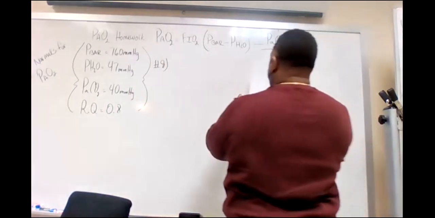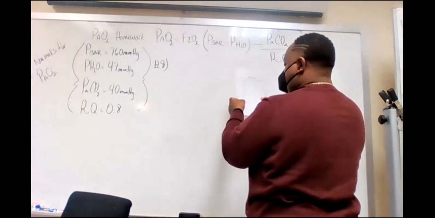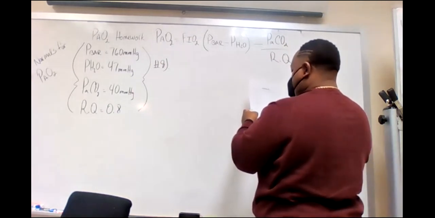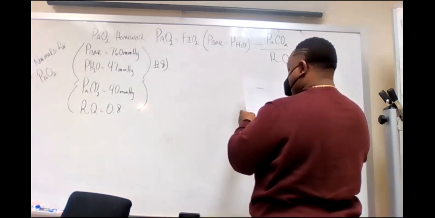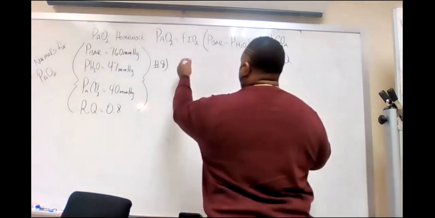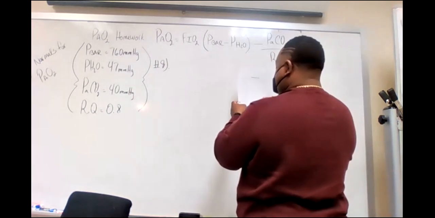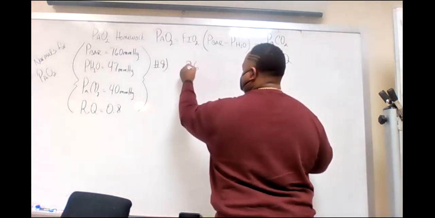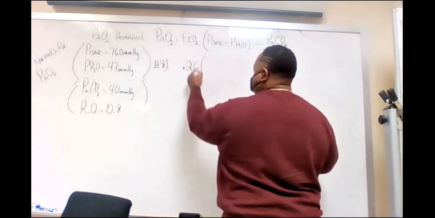All right. So in this one, they give me the P bar, the CO2, the FiO2, and the respiratory quotient. On number 9, the FiO2 is 26%, so 0.26. They're on 26% oxygen.